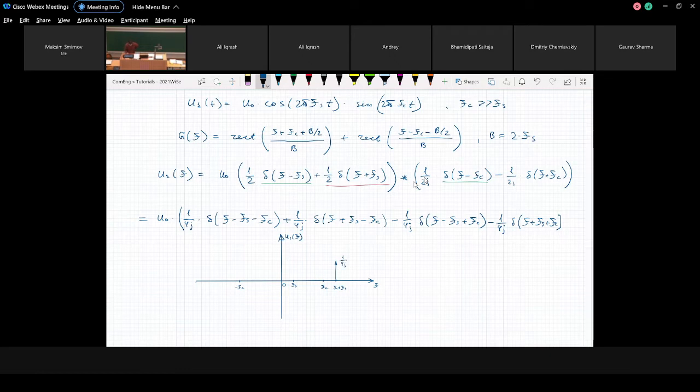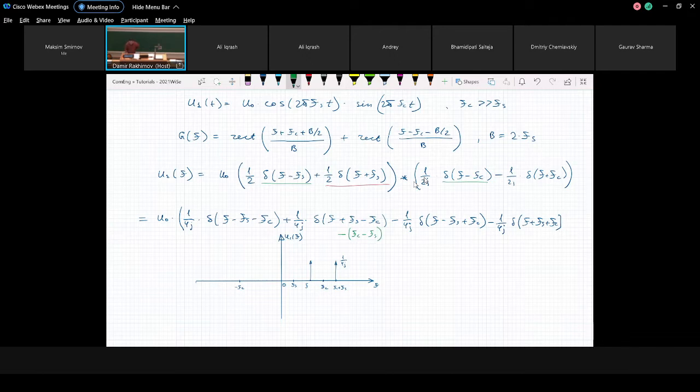Magnitude 1/4j. The next one is fs minus fc. It's written fs minus fc, but of course we can rewrite it as minus fc minus fs.